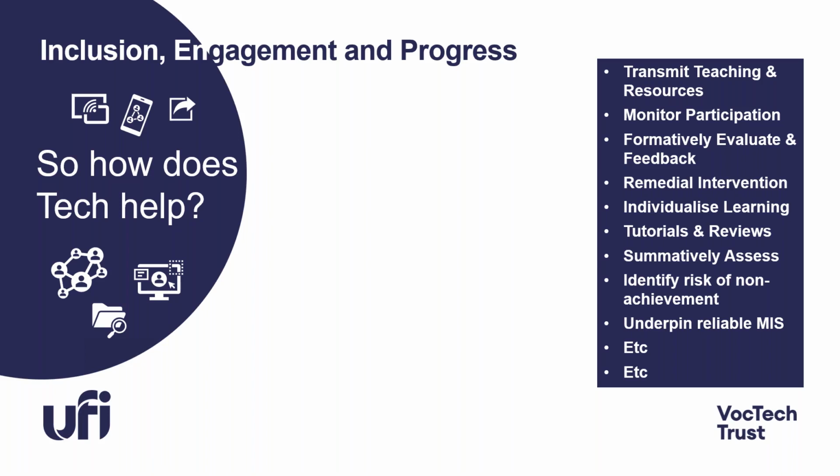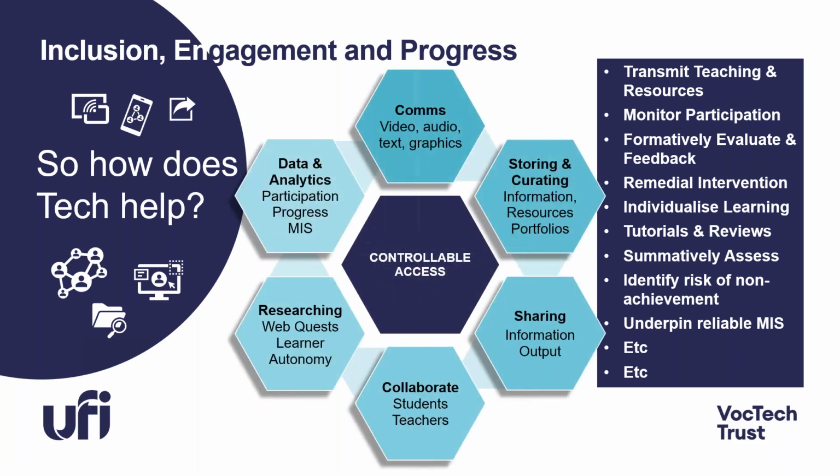Now, against this list, I'm summarizing things that tech is particularly good at doing. And please note, in particular, that access is controllable in all of these. And also note that all of this could be achieved either synchronously in real time or asynchronously in our own time or in their own time.